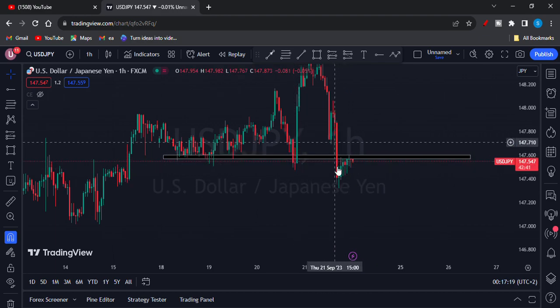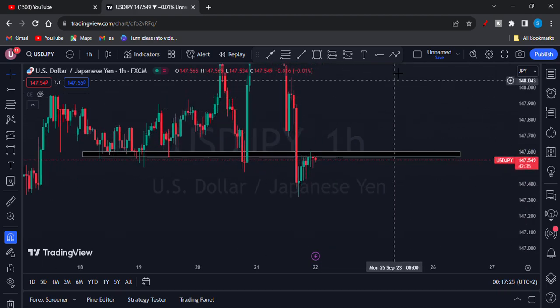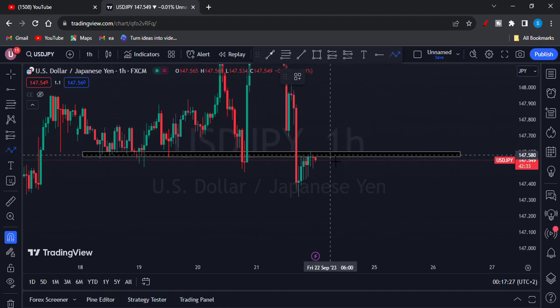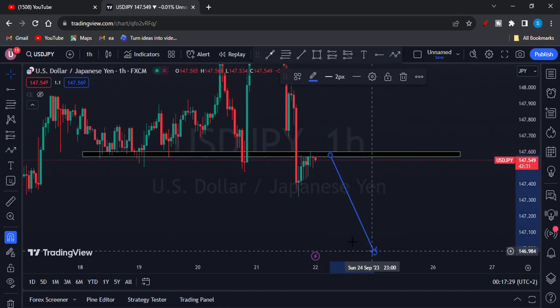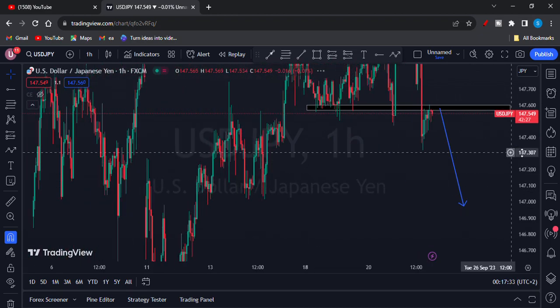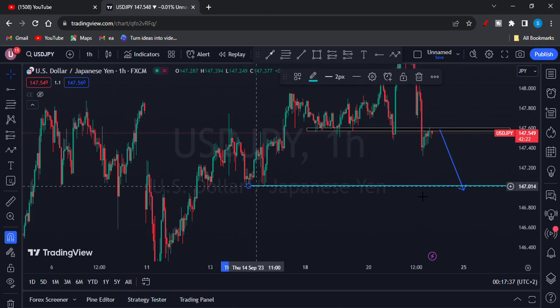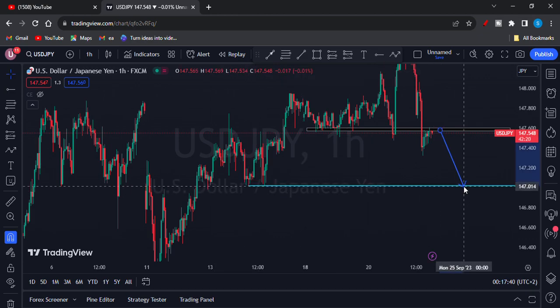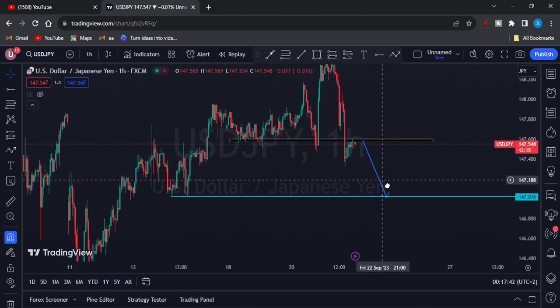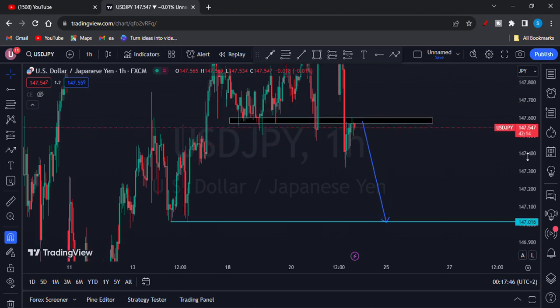And then it seems like currently we broke this support area, and then if we are selling, then there's a possibility that we can sell to the downside. And then potentially up to there. So that's my analysis for USDJPY.